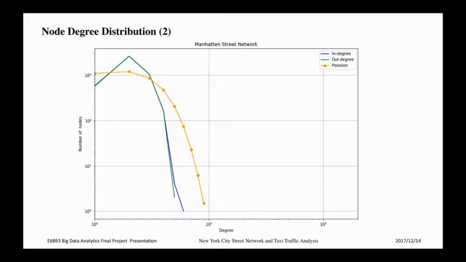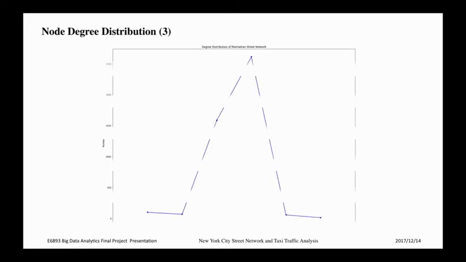During our final presentation, the professor and the TAs kindly pointed out that it may not be a random network for the Manhattan street network. Therefore, we used another way to compute the node degree distribution. Instead of using in-degree and out-degree, we used an undirected graph, and this is the new node degree distribution.